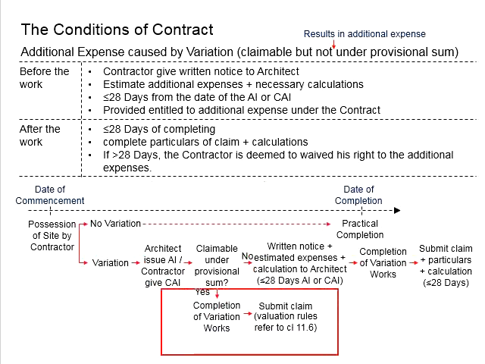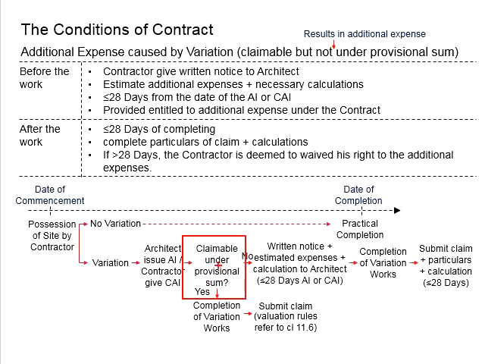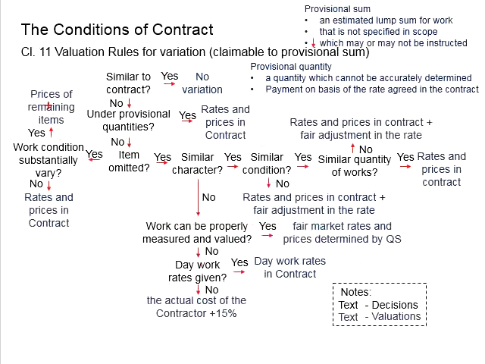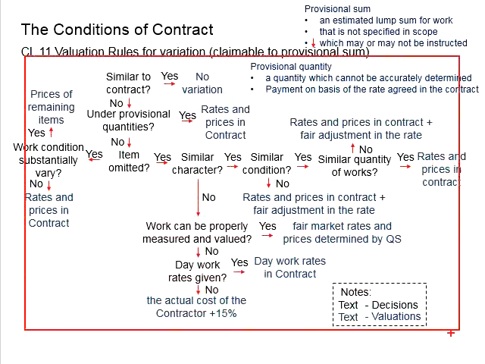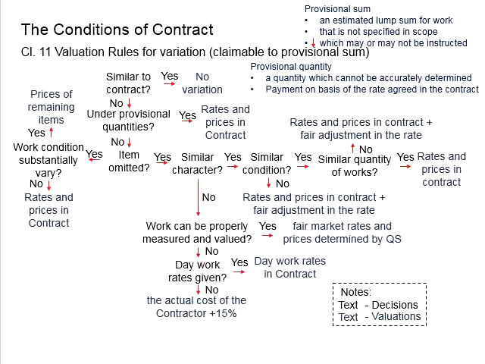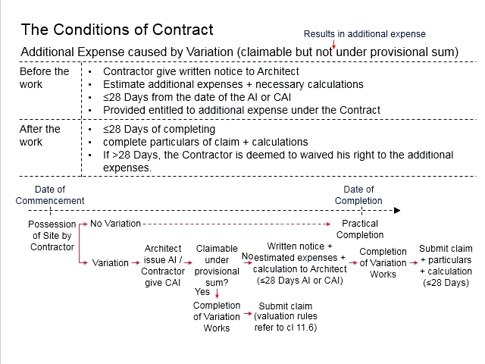Let us settle the easy one. When it is claimable under the provisional sum, that means the relevant rules for the valuations of the work will apply. This can be referred to in clause 11.6. With that, the contractor will just need to carry out the variation work and complete the respective work. After that, submit the claim and the valuation rules will apply.